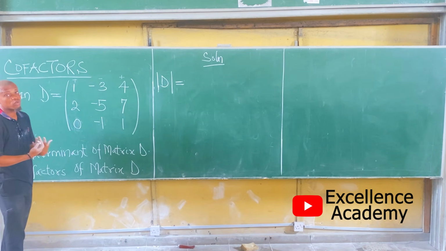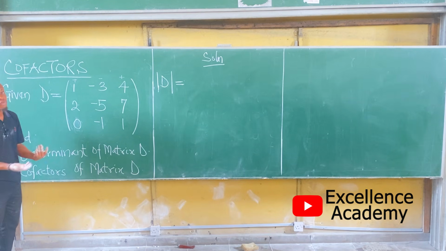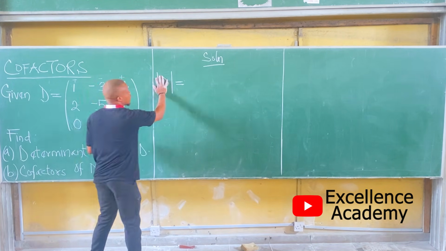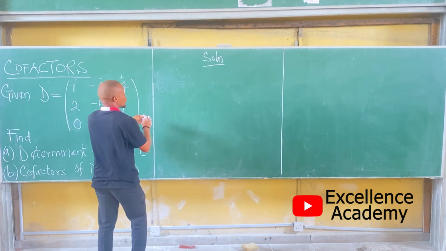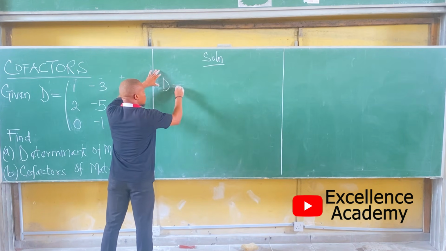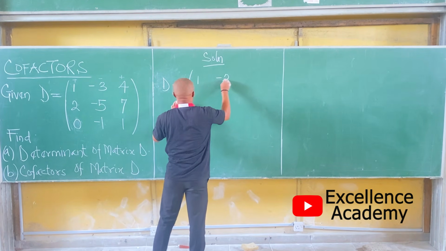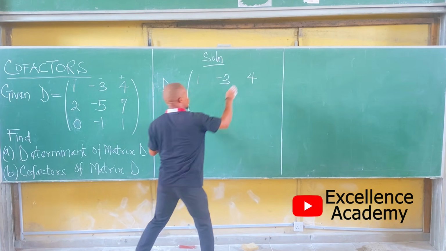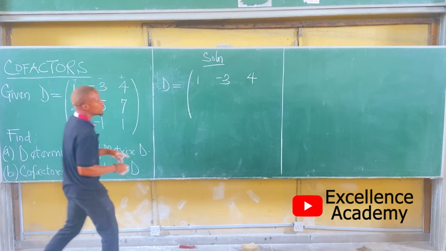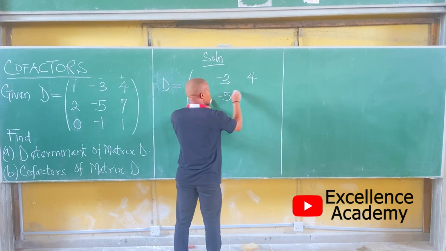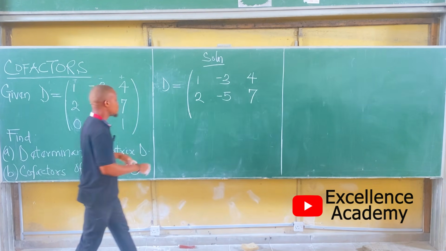The idea behind what I said was, before solving a problem, always write your problem first. So let's write down our given matrix first. Our given matrix is 1, minus 3, 4. Next up, I'm having 2, minus 5, 7.